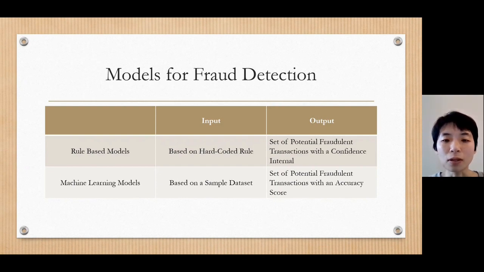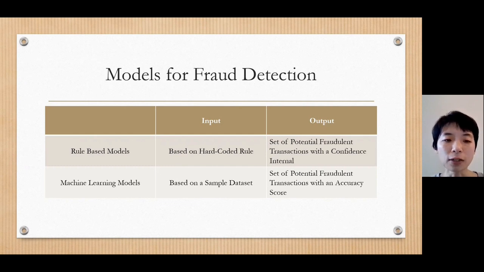And another problem is that it's too static because it's based on one overarching set of rules that you have summarized based on your experience, and it may not be relevant to the present time given the pace of change in the financial crime world.